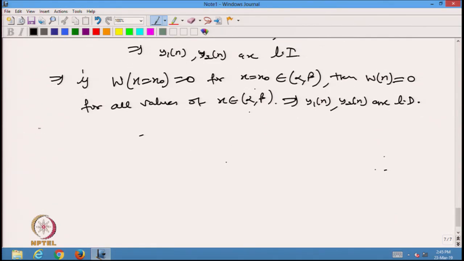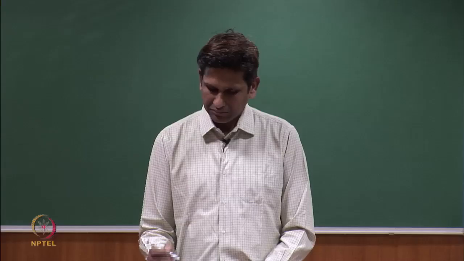So, this is related to the Wronskian. For example, suppose I take two functions e^x and e^(2x), and I want to check whether these two functions are linearly independent or dependent.